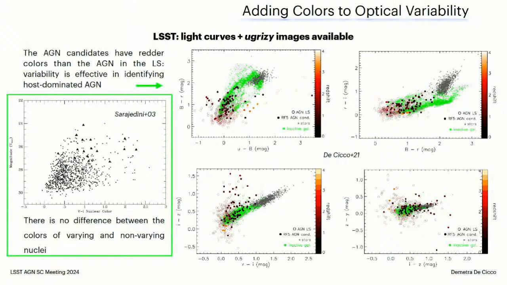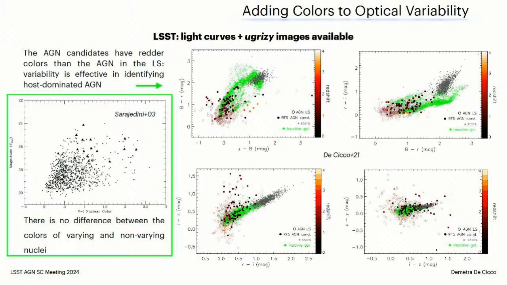In one of our works dedicated to LSST DESC Cosmos data and the search for AGN in this field, there are several color diagrams obtained using the colors that we will have with the LSST. We will be able to build several colors. Combining information from the light curves and the colors, you can have a more reliable sample of AGN.